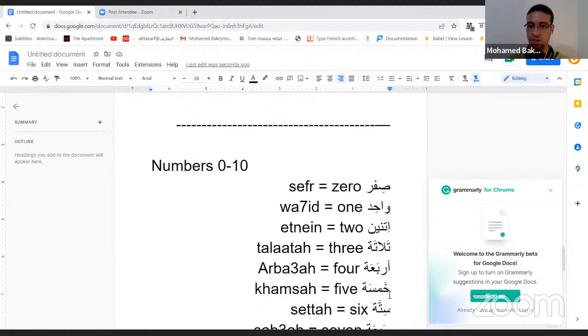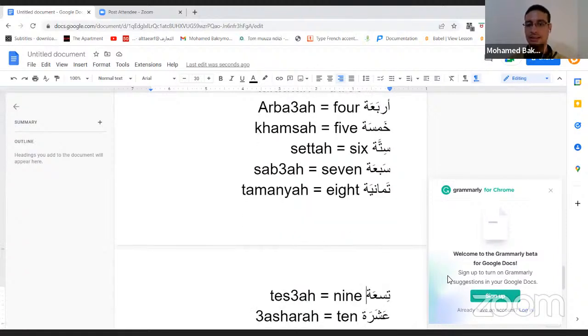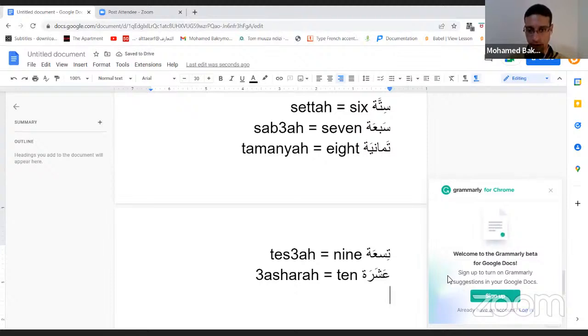So صفر, واحد, اتنين, تلاتة, أربعة, خمسة, ستة, سبعة, ثمانية, تسعة, 10. Okay.